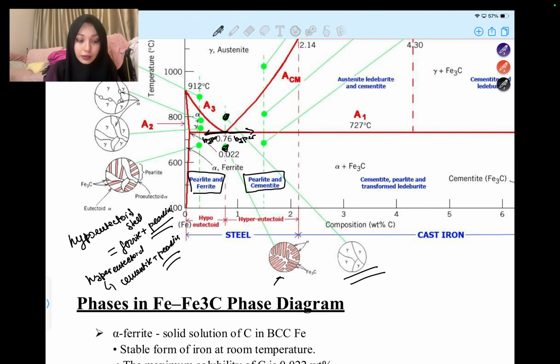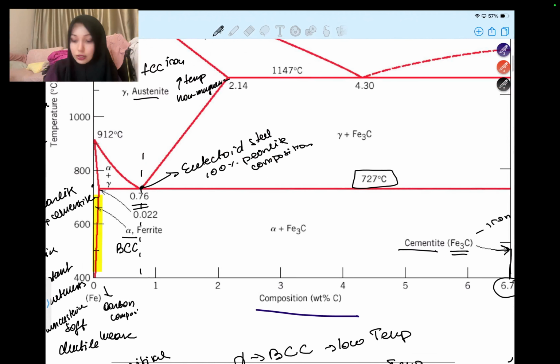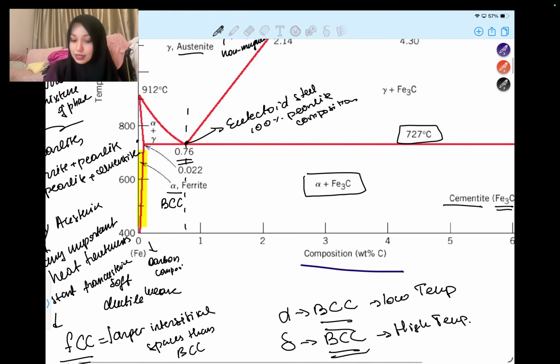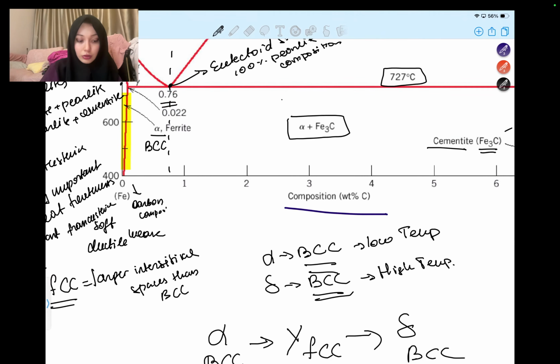Okay, and the eutectoid reaction, as you can also observe here, can be written as alpha plus cementite. So ferrite plus cementite would be the final formula, we would say. So austenite itself we can also write as this plus cementite.